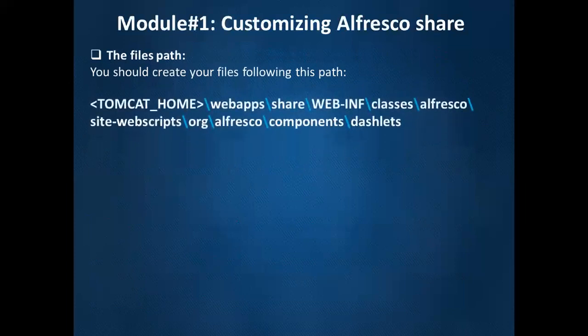Inside Eclipse, you click on your project, then Tomcat, then webapps, share, WEB-INF, classes, alfresco, site-webscripts, org, alfresco, components, and dashlets. Inside the dashlets folder, you will create your 4 files.